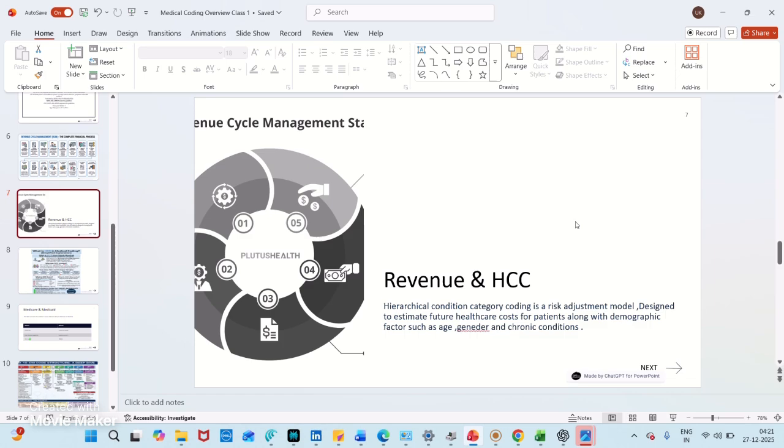HCC is a system used in the US healthcare insurance process to understand how sick a patient is and how much care they may need, instead of paying the same amount for every patient. HCC helps insurance companies pay more for patients with serious or long-term conditions.